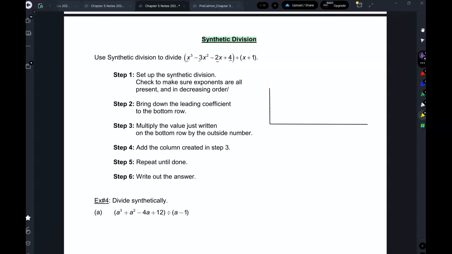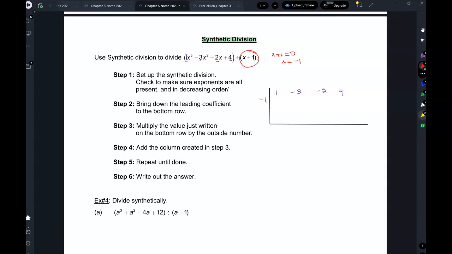So for the x cubed, what's the coefficient? There is a 1 there. So I have a 1, then negative 3, then negative 2, and what's the last one? A 4. On the left, you take that, set it equal to 0, solve it for x, and that number, the negative 1, goes here.